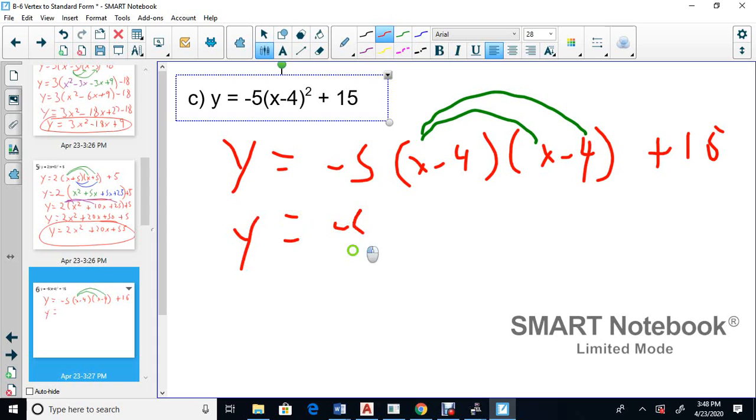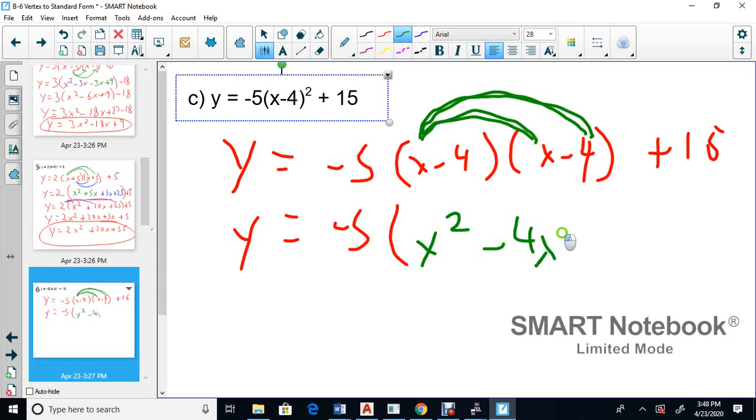So minus 5. Up there we did x times x, and we'll do it in green here. So again, first this one times this one, x squared. Then that times that's minus 4x. Now we'll take the purple, and we'll do these two, which is another minus 4x. And then we'll do the outside and plus 16.